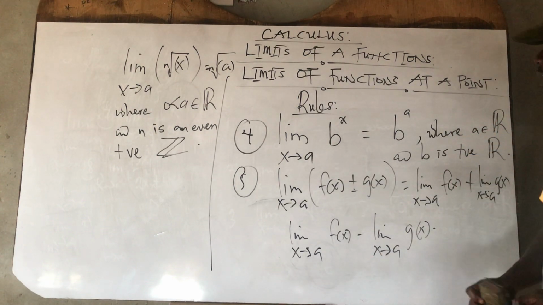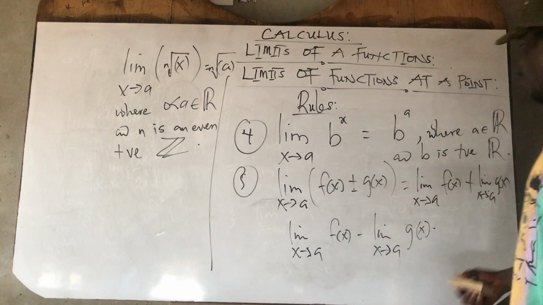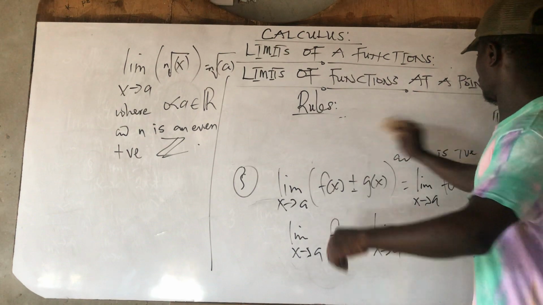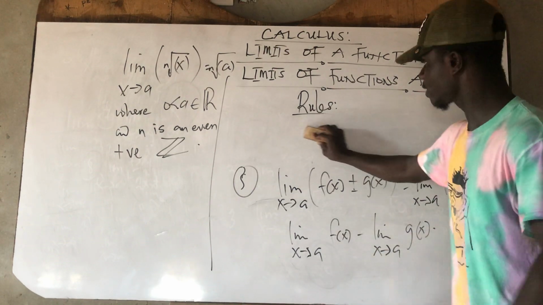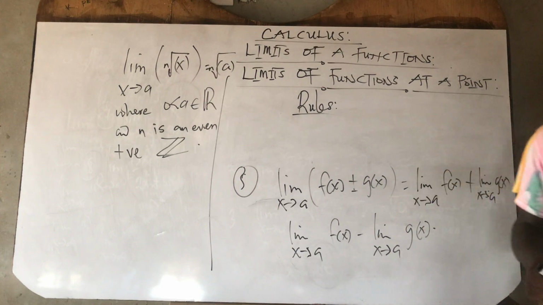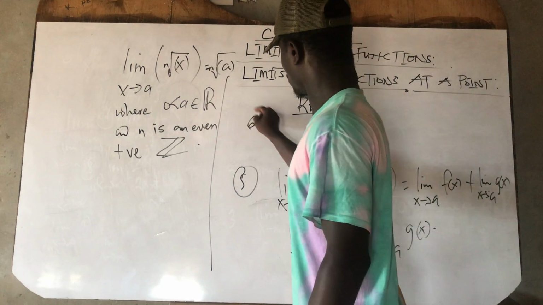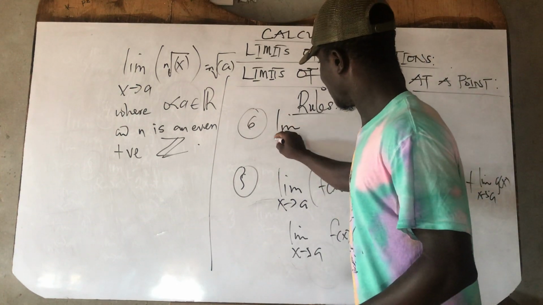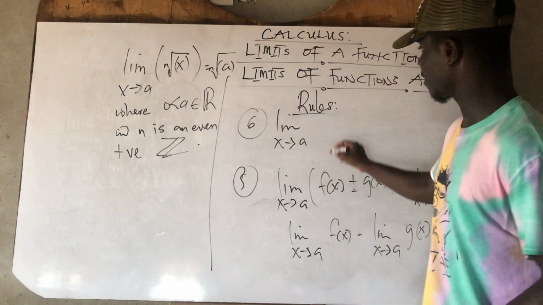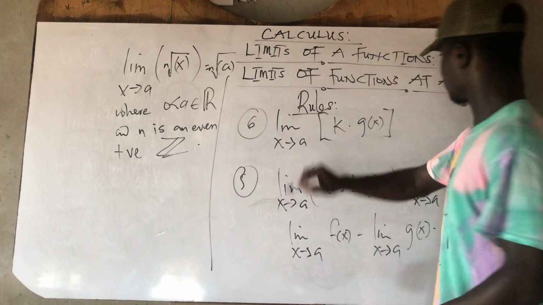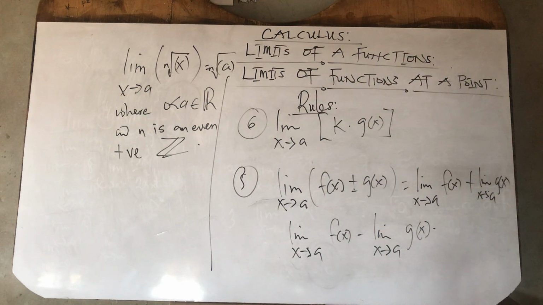Alright, so let's move on to the sixth rule. You have to take note of the rules of limits so that they can help you in your workings. So the sixth rule: we have the limit as x approaches a of k times g of x. g of x is a function in terms of x.